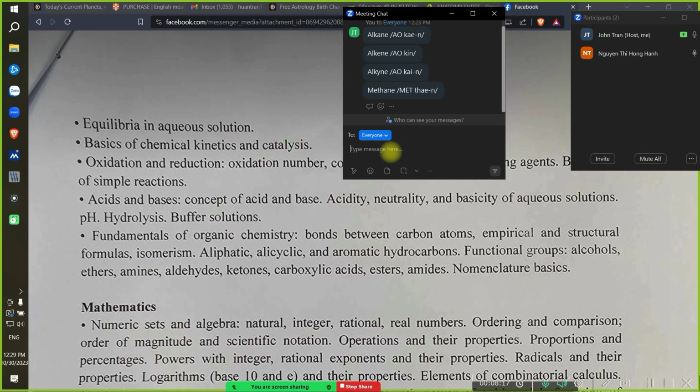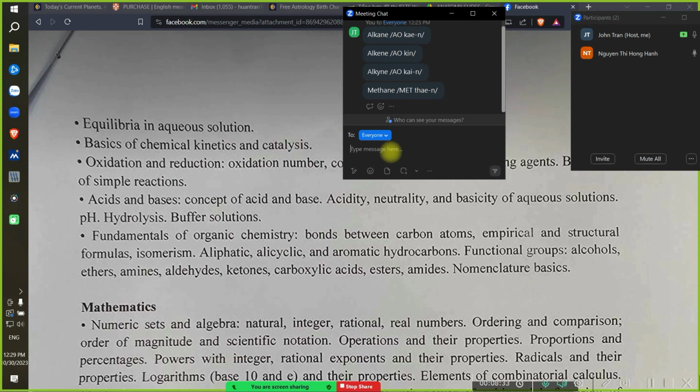But one thing to remember is that the sigma bond is stronger than the pi bond.